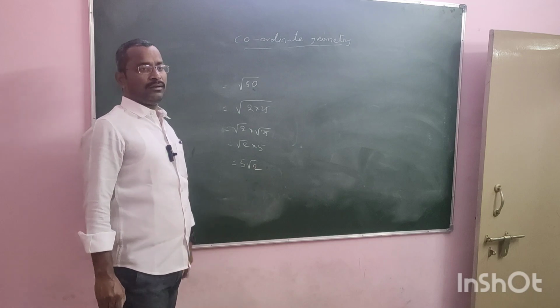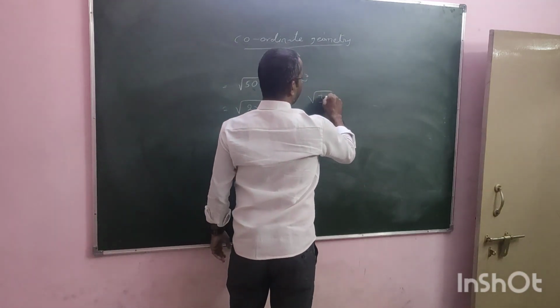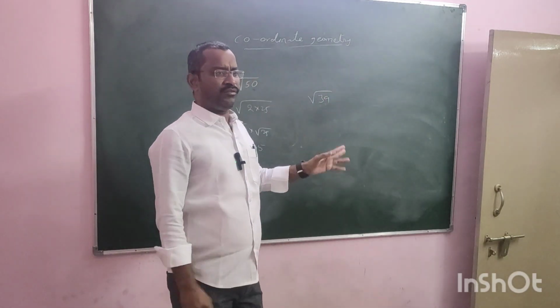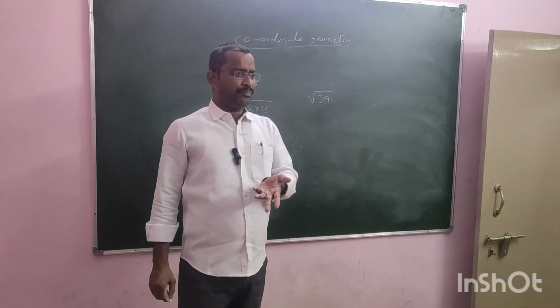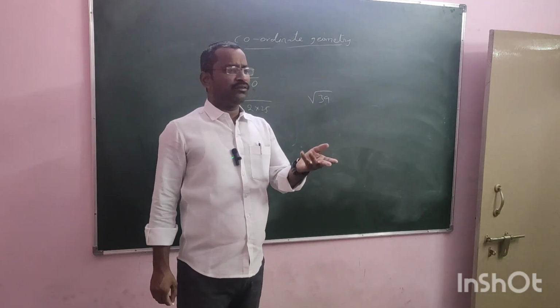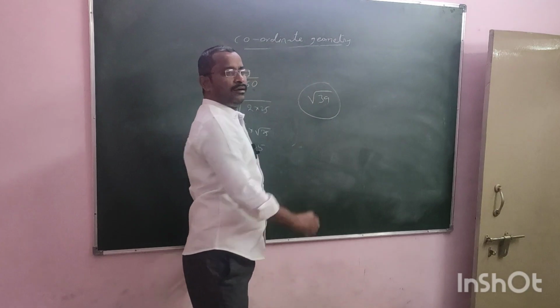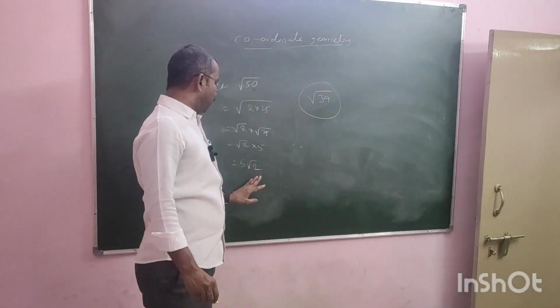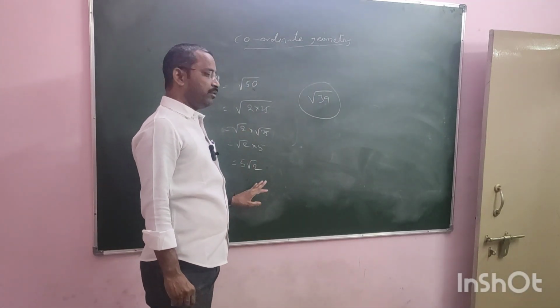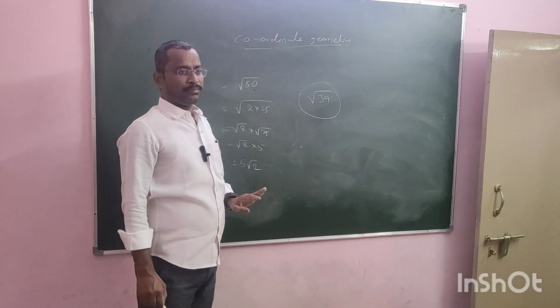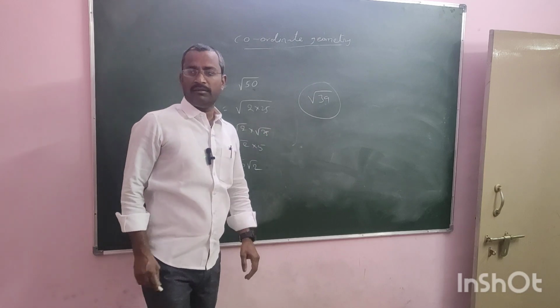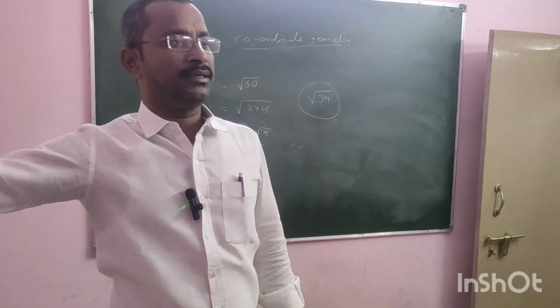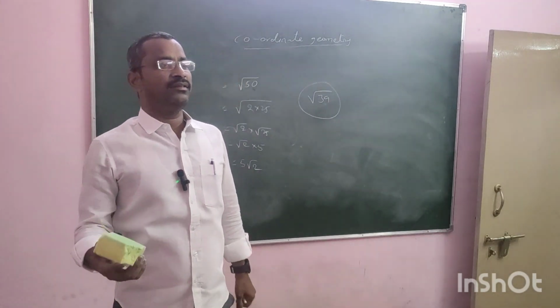If not, leave it. For example, root 39: whatever values you take, like 3 into 13, you cannot simplify anything, so you can leave it as root 39. But if there is any chance to simplify to the lowest terms, you need to simplify. That's what should be remembered in the distance formula, because it affects collinear concepts. Definitely it affects the collinear concept.